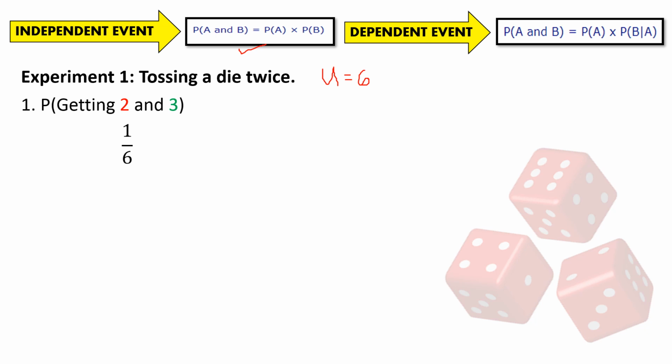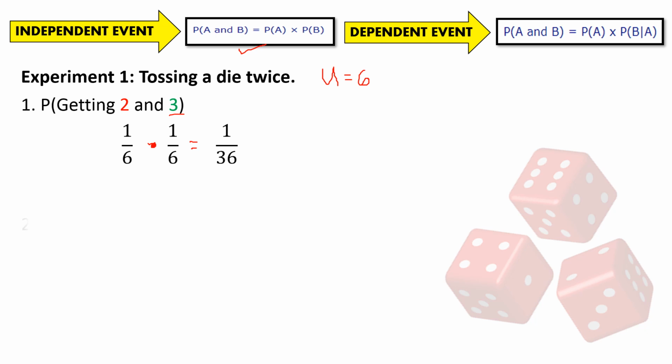For the second event, getting 3, we also have only one piece of 3, so 1 over 6 as well. Multiplying, 1 over 6 times 1 over 6 gives us 1 over 36. This is how we apply the formula in getting the probability of an independent event.